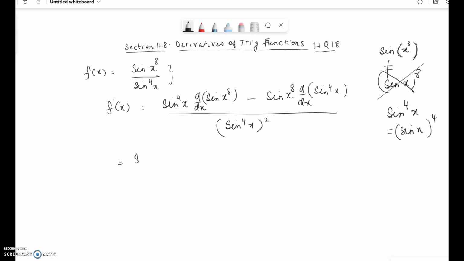So this is equal to sine to the 4th x times d by dx of sine of x to the 8th. The derivative of sine x is cosine of x. Okay, so the outer function is sine, so that becomes cosine of the quantity x to the 8th. That's not an x, it's a function of x, so we have to go ahead and find the derivative of the inner function.